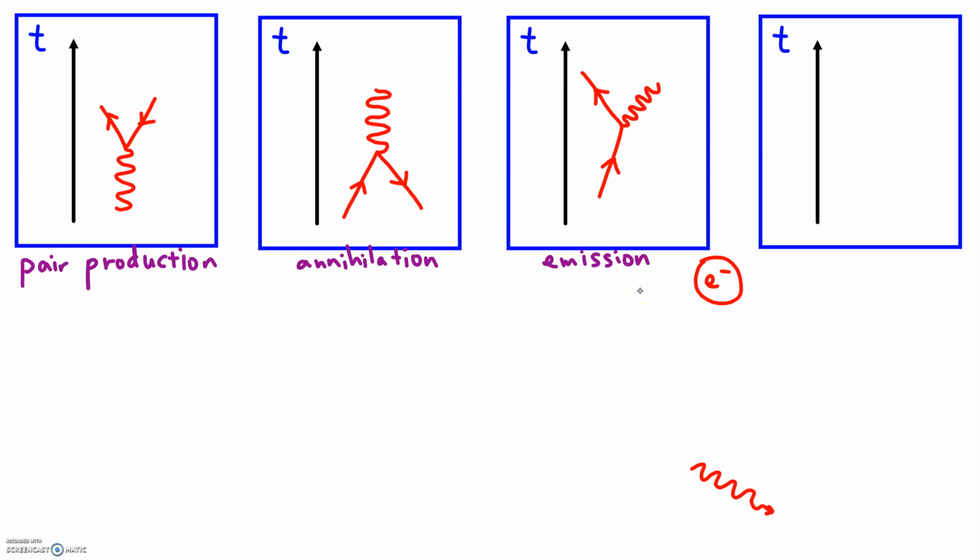That's the emission. There is a more complicated scenario where the electron is going along and it emits this exchange particle. Maybe it's not a photon, maybe it's a W boson or something, or a Z boson.